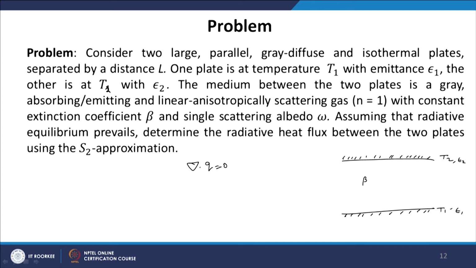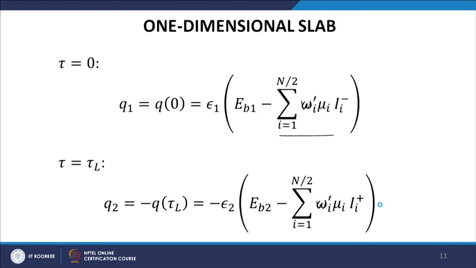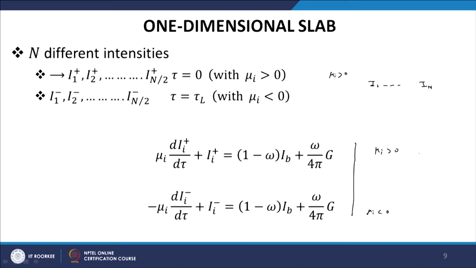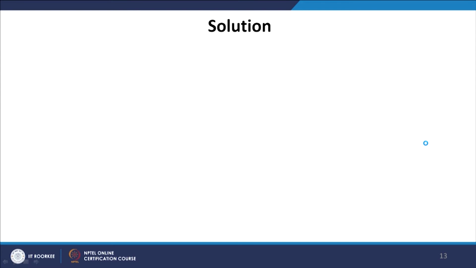So, the S2 approximation method, as we have discussed, is based on a single direction. Let us apply this method to solve this problem. We have to take the governing equation first. Our governing equation is given by these two equations. Let us write down these equations for this case.